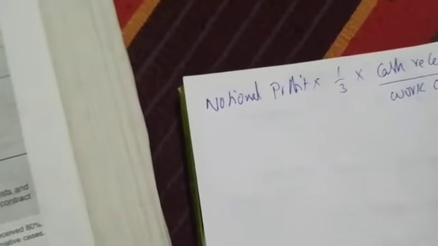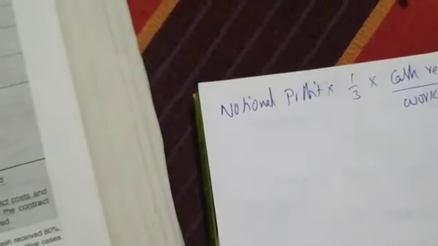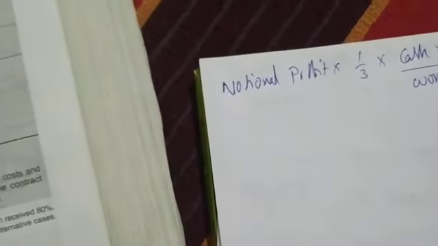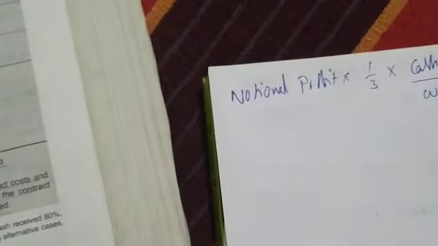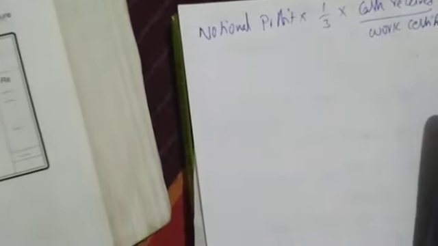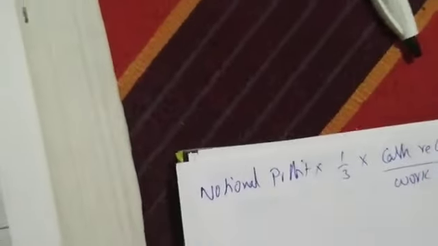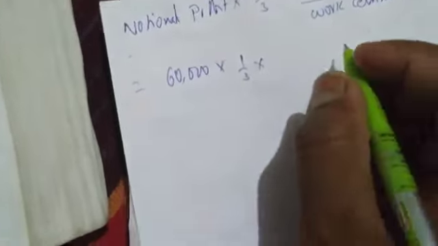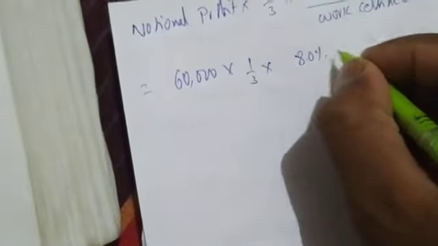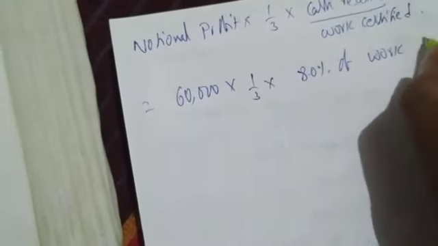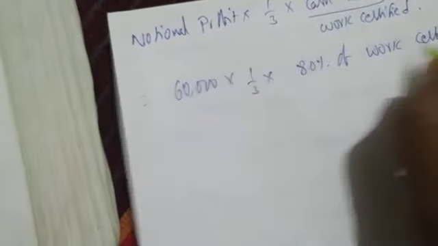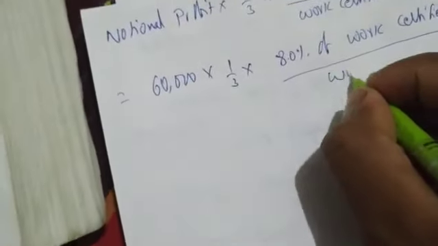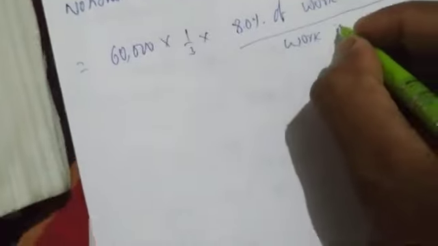By 2 lakhs into... Yes. So notional profit is how much? We got notional profit is 60,000 into 1/3 into cash received. We don't know, so we are writing 80% of cash received will be always of work certified, divided by work certified.